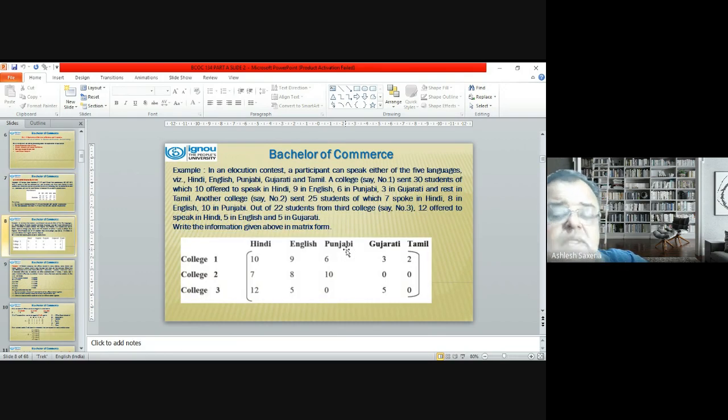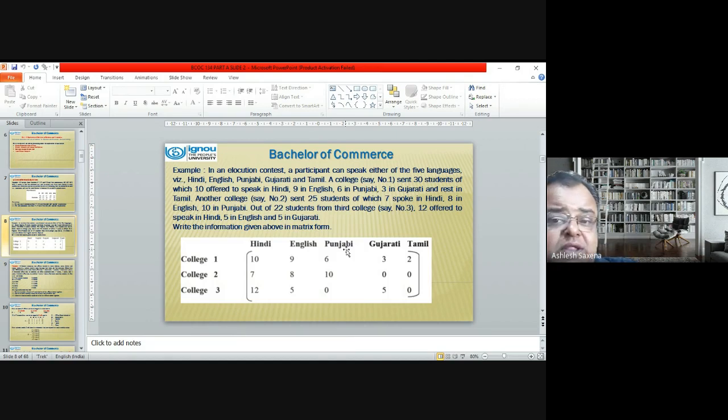Here, in an allocation contest, a participant can speak either of the five languages, that is Hindi, English, Punjabi, Gujarati, and Tamil. We have five categories of languages.